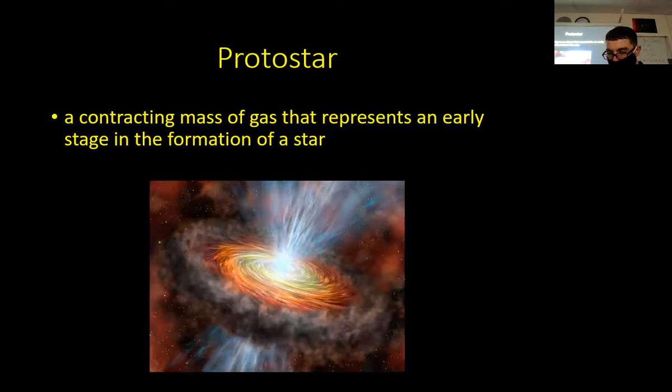It gets all the gases collected. So again, think of a protostar like a baby star, a star that was just born. Okay. All right. That concludes our lesson so far today.